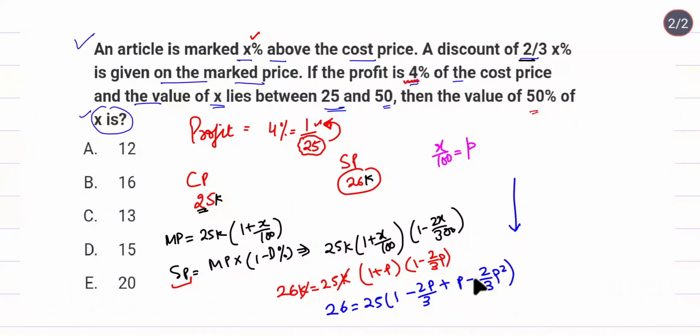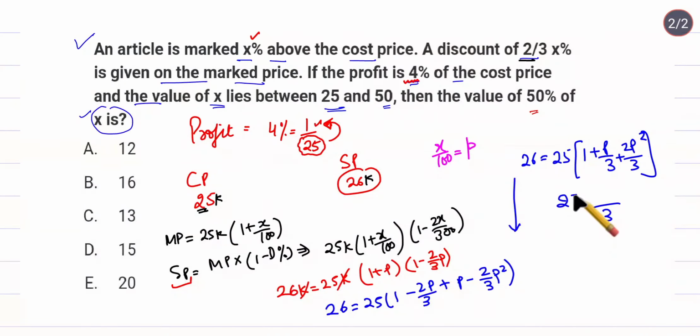So I can have the quadratic equation, so I'll be solving it. So this is 26 equals to 25 times, and this is p minus 2p upon 3, so 1 plus p upon 3 plus 2p square upon 3. Taking 3 as the LCM, this is going to be 25 into 3 plus p plus 2p square, and this is going to be 26.